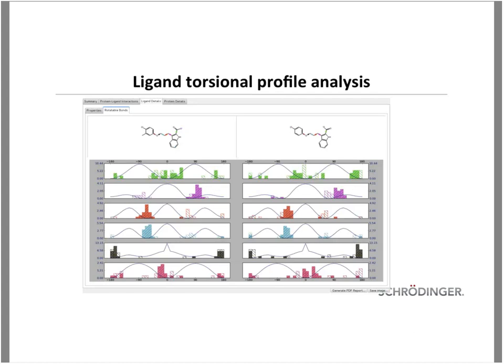We also focused on analysis tools, so as part of the output from a free energy perturbation, you can now visualize the torsional angles of ligands that are sampled throughout the simulation, and this can be quite important both for the interpretation of predicted free energy, so why a given compound may or may not be more potent than the other, but it can also help you diagnose certain errors.